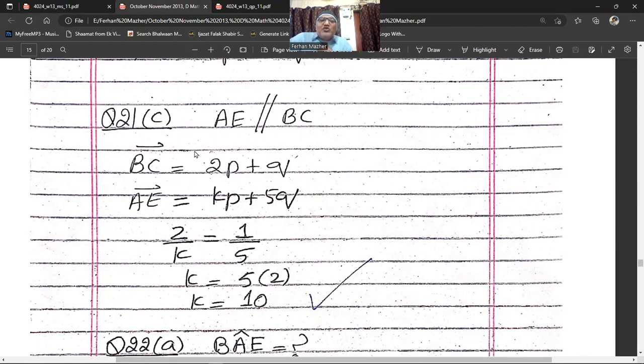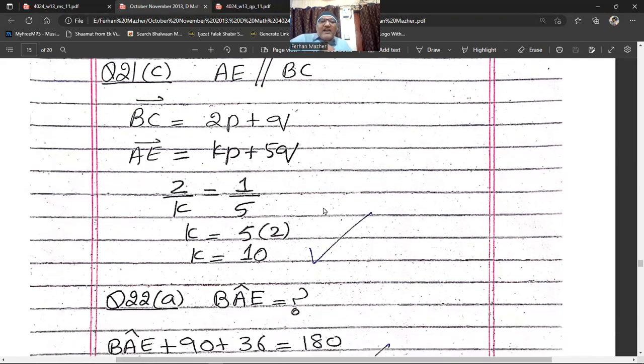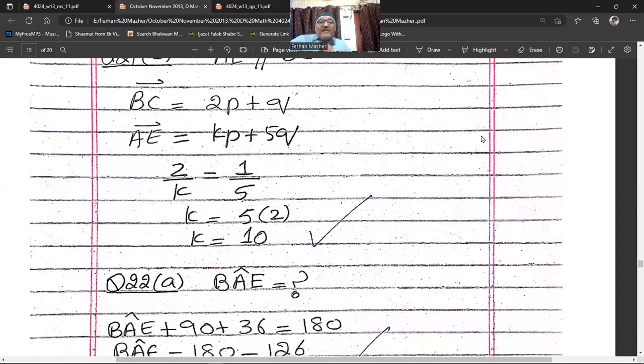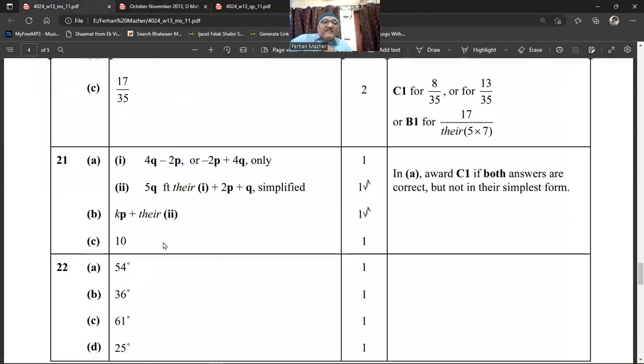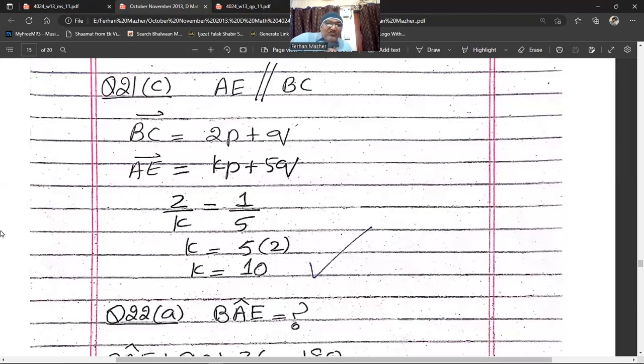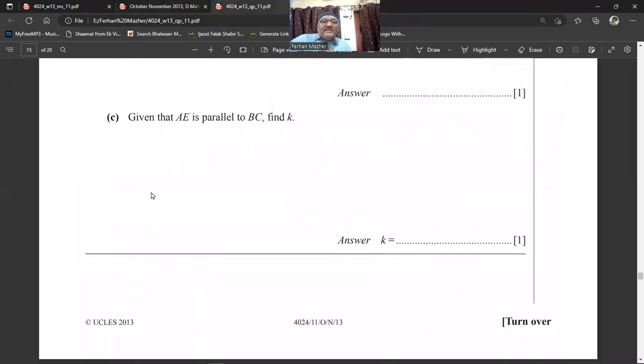So 2 by K is equal to 1 by 5. Cross multiply: K is equal to 2 into 5, so K is equal to 10. The value of K is 10. I hope you understand this part, and question 21 is done.